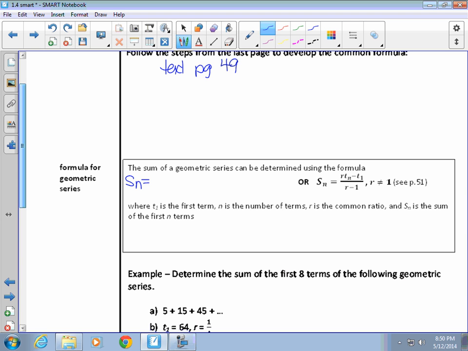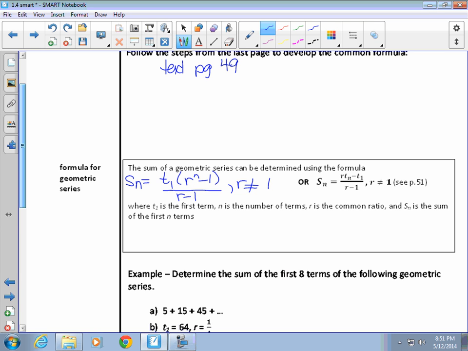And the sum formula is you take the first term and you multiply it by whatever our ratio is to the number of terms minus 1 over your ratio minus 1. And your ratio cannot be equal to 1. So if your ratio is equal to 1, you can't have this because you'd have 1 minus 1 in your denominator, and you won't have a geometric series.